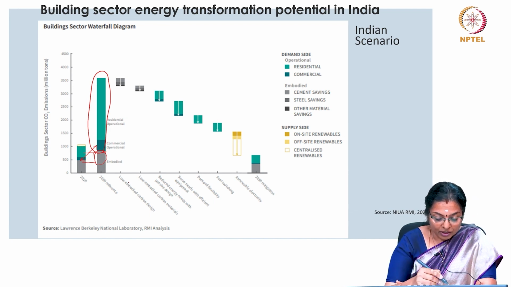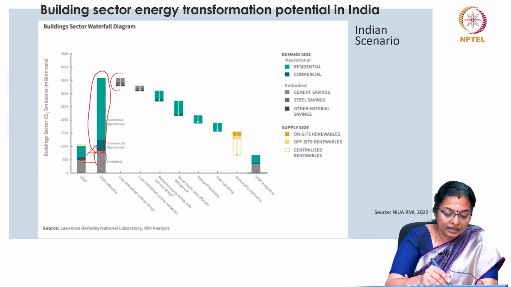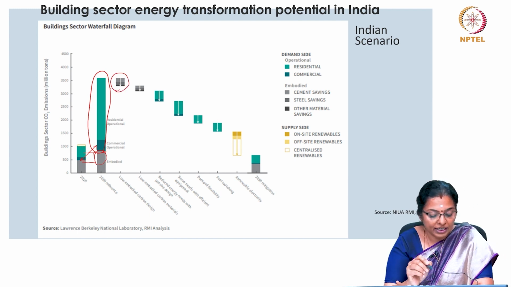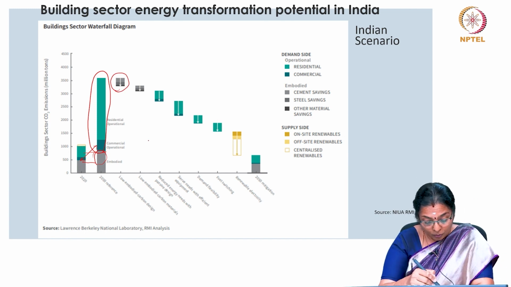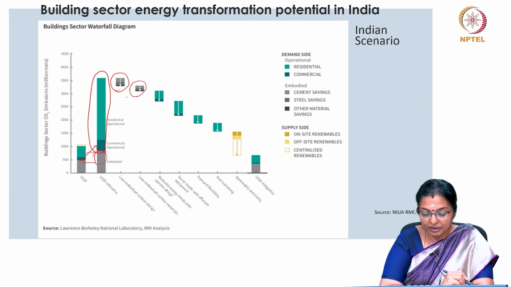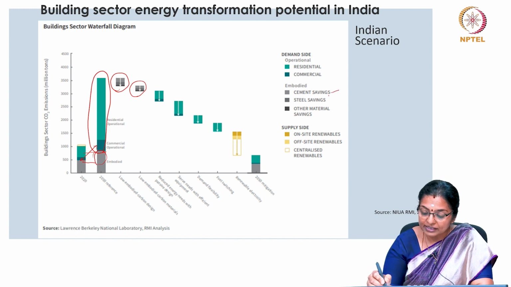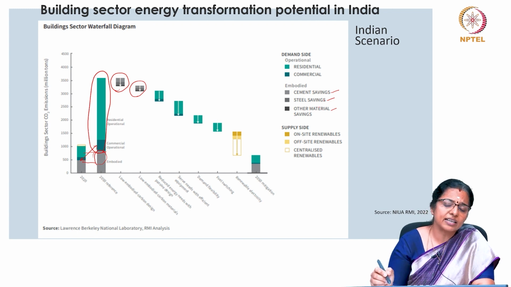While using low embodied carbon design will certainly give us a scope for reduction in carbon emissions, low embodied carbon materials will also give us a scope for reduction in carbon emissions, primarily through savings of cement, steel and other materials, because cement, steel, aluminum are high energy intensive materials.